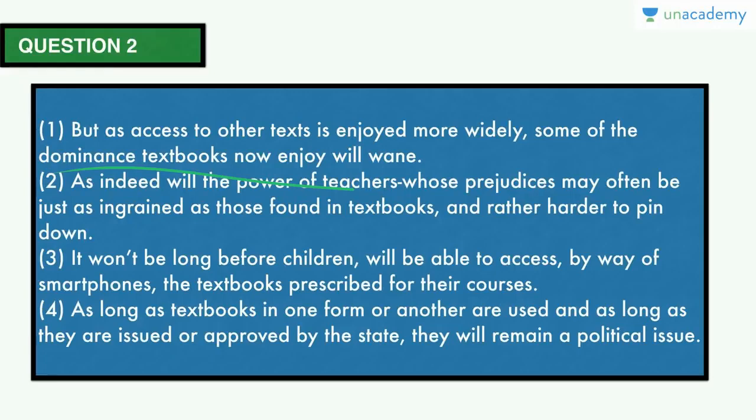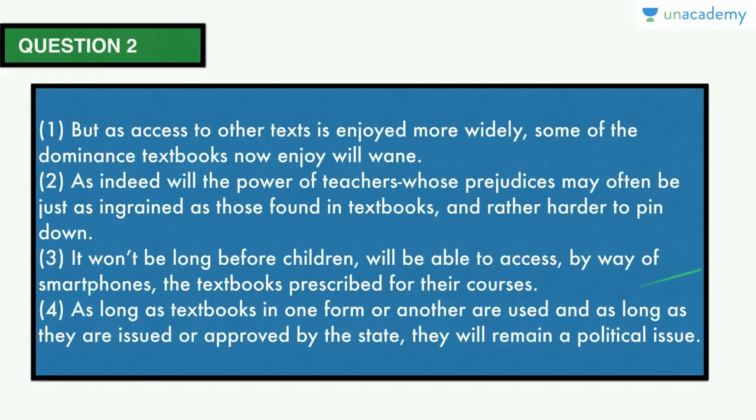Okay, so I think sentences 2 and 4 definitely need to be there together, because you can exclude only one sentence, and sentence 2 and 4 together talk about how prejudices and political issues, state coming into picture, teachers bringing their views into the classrooms along with textbooks. So these two sentences should be there. So this is the central theme of the paragraph, because at least half of the sentences are talking about it.